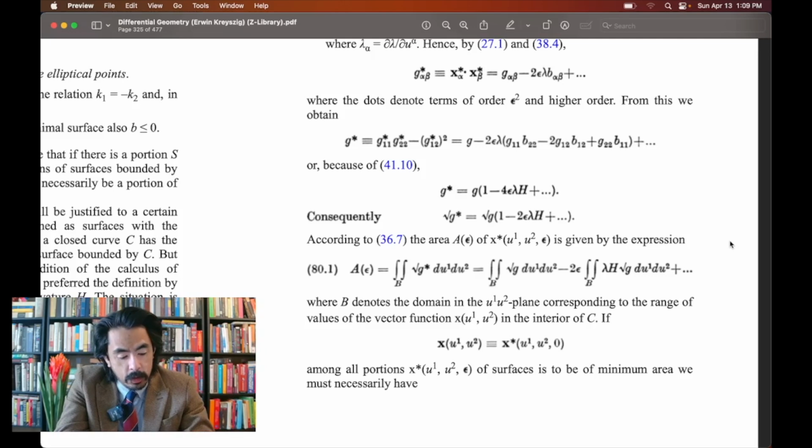Or because of 41.10, which I read earlier, that's again the definition of the mean curvature.